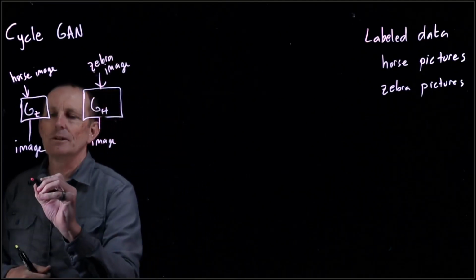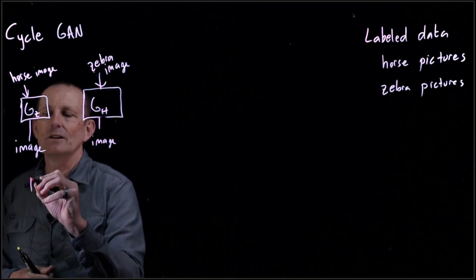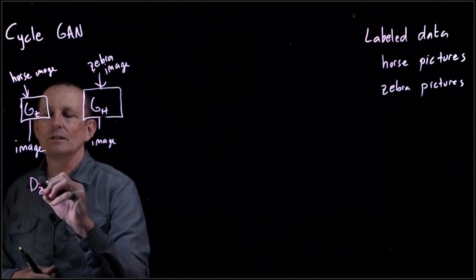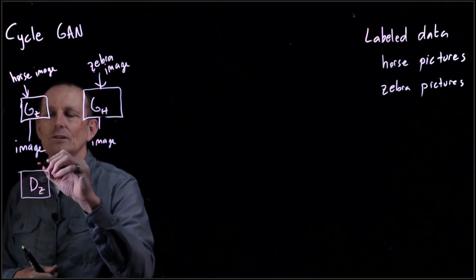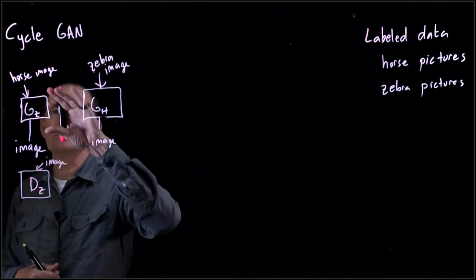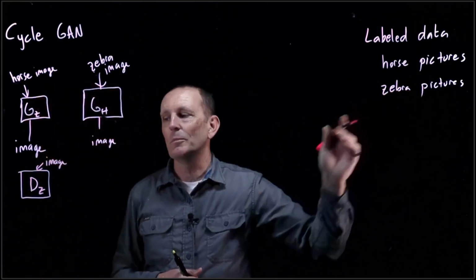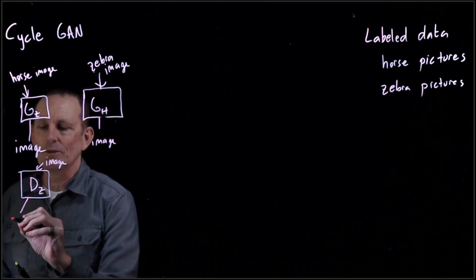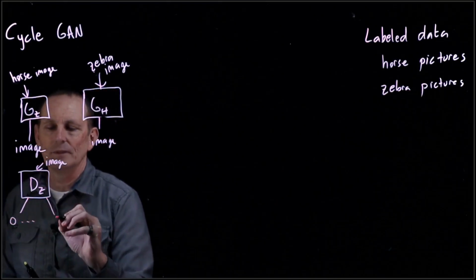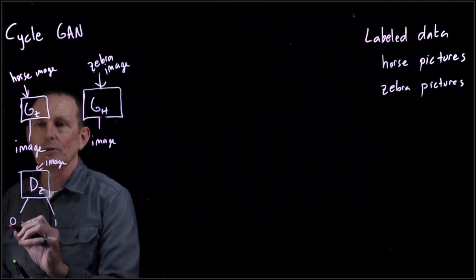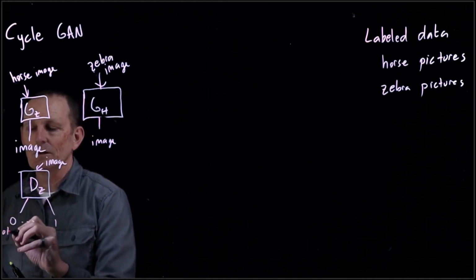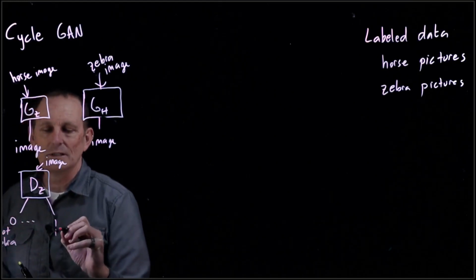And then we have discriminators. We have a discriminator for zebras, and this just takes in an image. This image can either be the output of G sub z, or it can be one of our actual zebra pictures, and it comes out with values between 0 and 1, where 0 means not a zebra, and 1 means is a zebra.